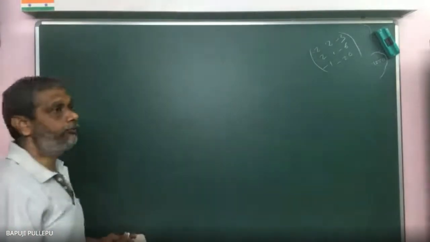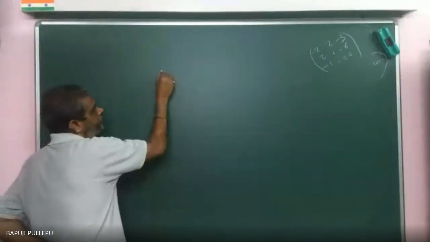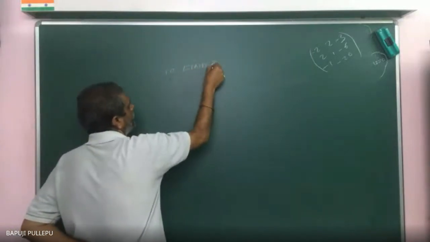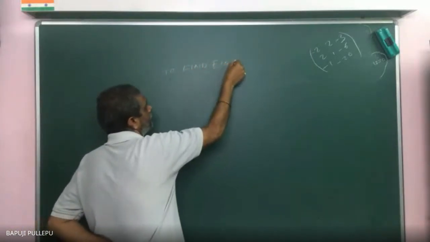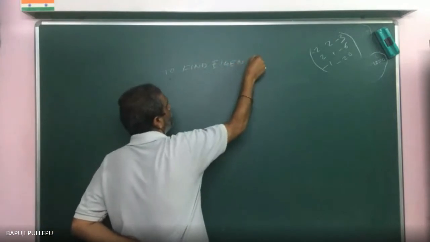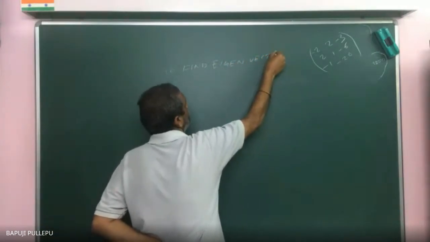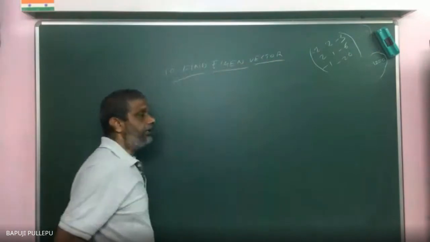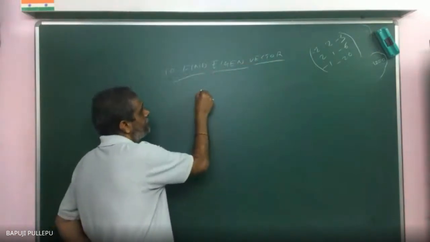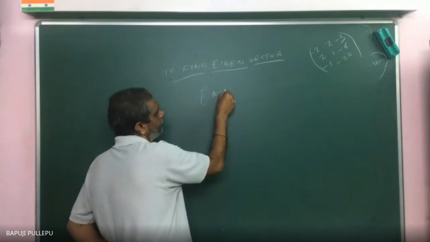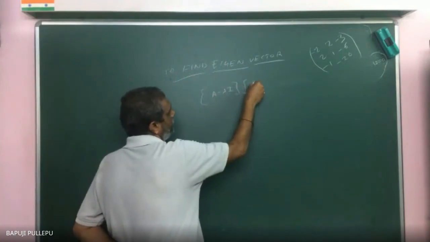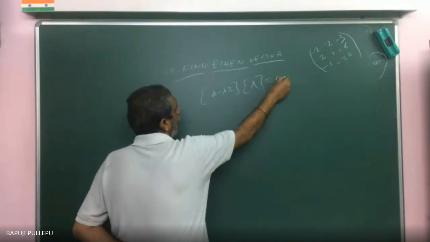Now to find the eigenvector, what you will do: the matrix (A minus lambda I) into x is equal to 0.